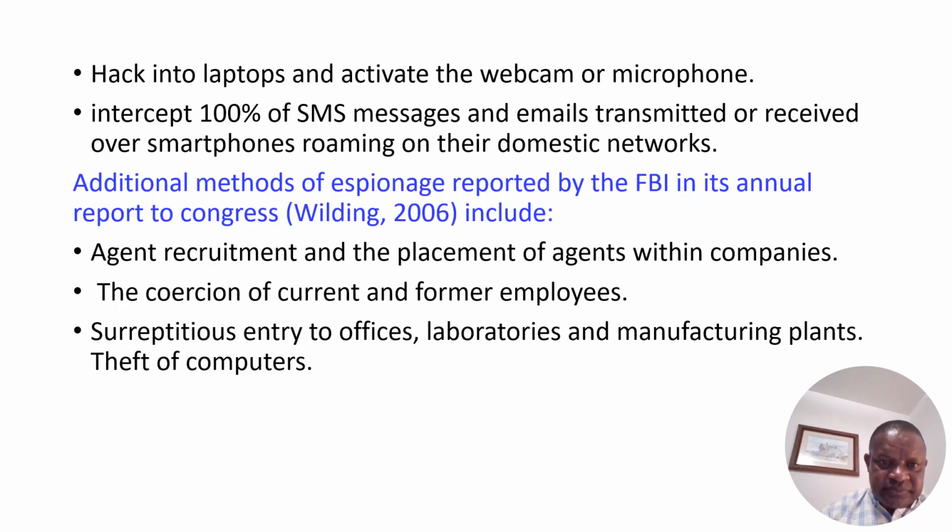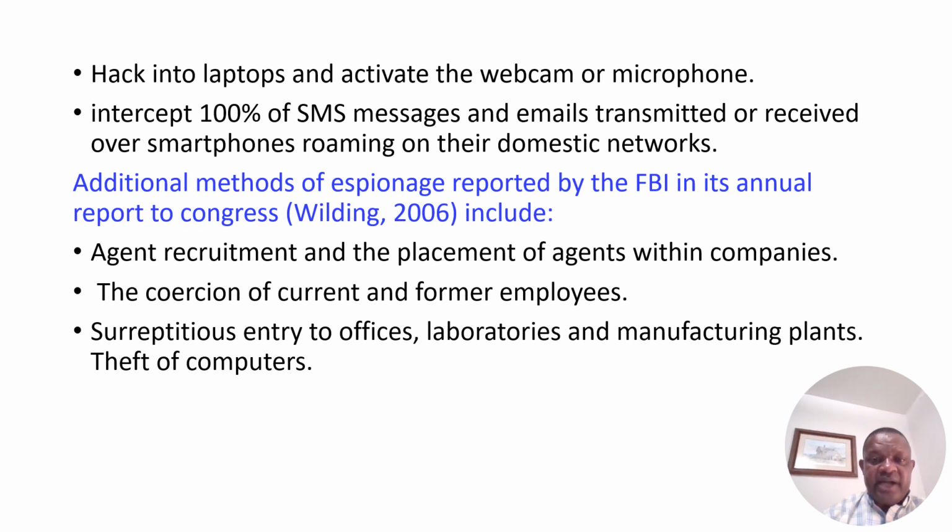They can also hack into laptops and activate the webcam or microphone without your knowledge. They can intercept 100% of SMS messages and emails transmitted or received over smartphone roaming on their domestic networks.